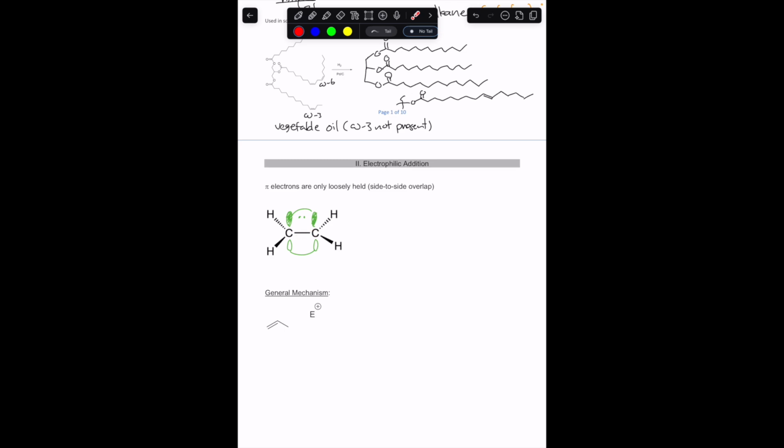You could kind of picture, I don't know if this is an edifying example, but like little kids that are not supervised very well by the parents, so to speak. Sorry, this is kind of a creepy analogy, but these pi electrons, compared to, say, sigma electrons, which are more tightly supervised by the atoms or parents, so to speak, pi electrons are much more easily captured or kidnapped in a way.